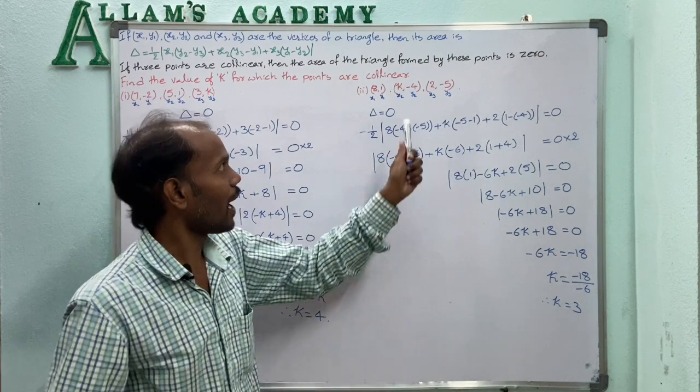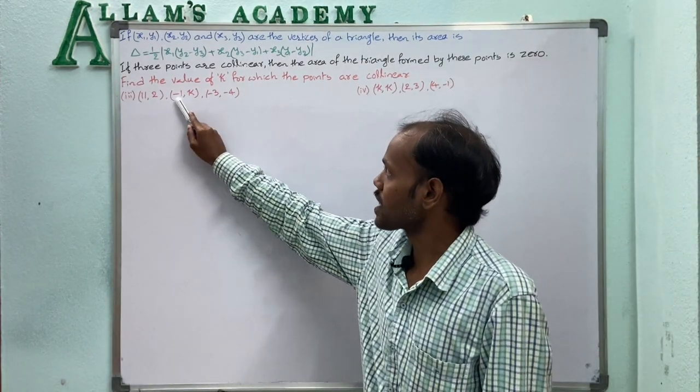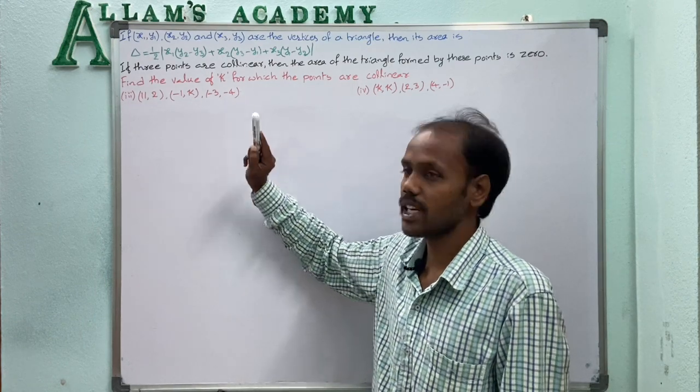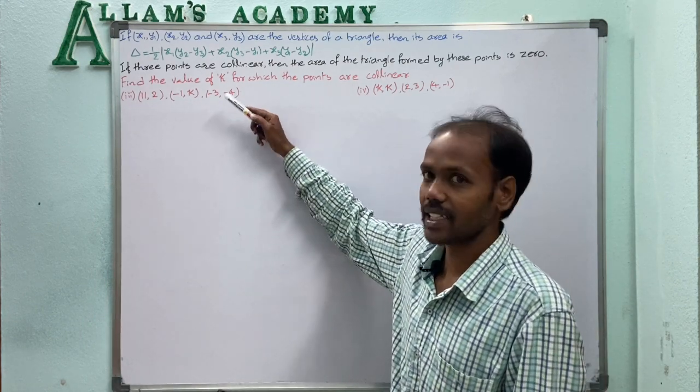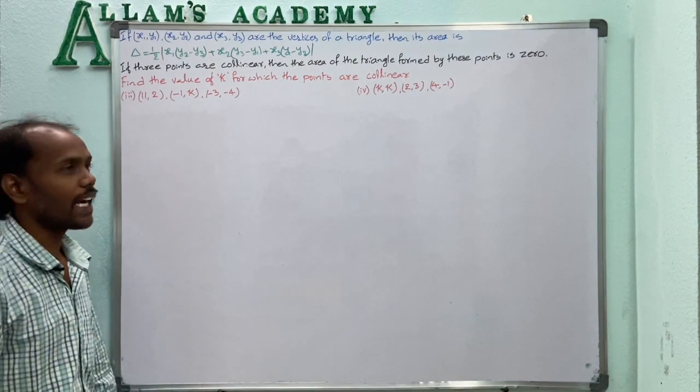If these points (11, 2), (-1, k), (-3, -4) are the vertices of a triangle and are collinear, then find the value of k.